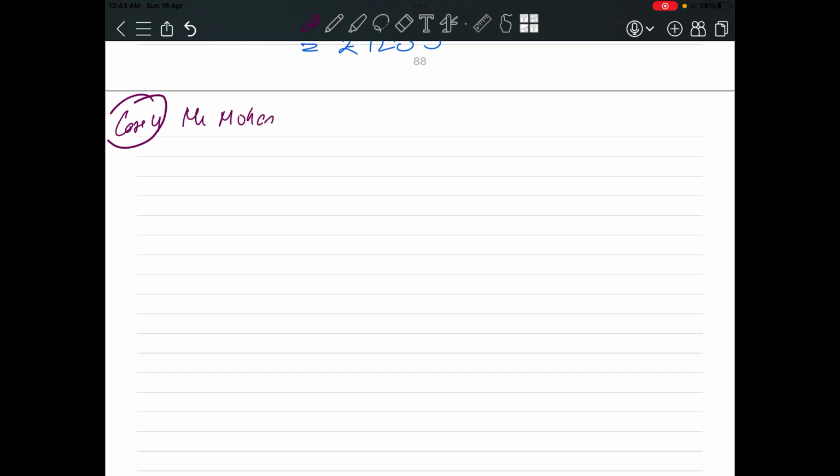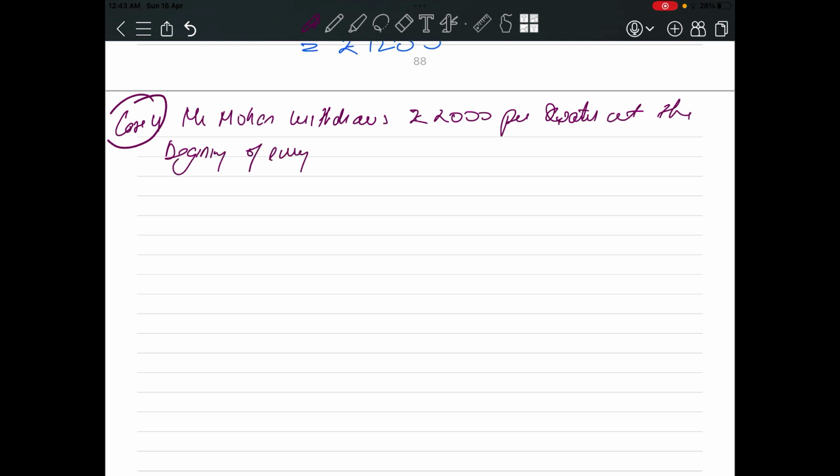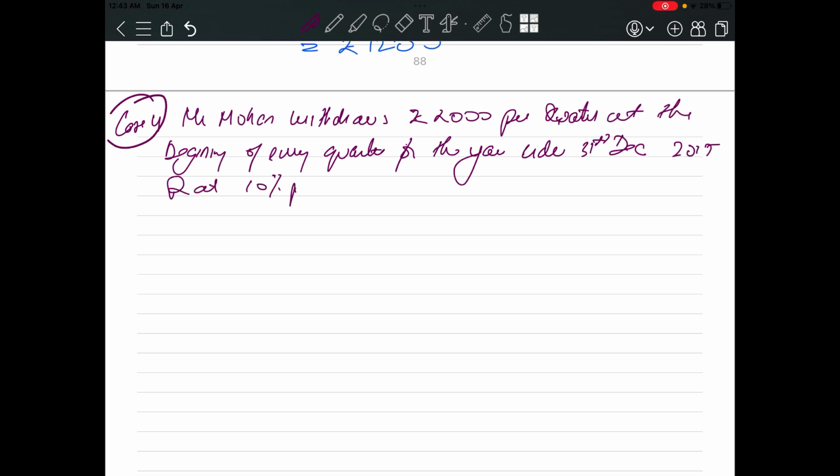Mr. Mohan withdraws rupees 2000 per quarter at the beginning of every quarter for the year ended 31st December 2015. Rate is how much? Again 10% per annum. Per annum means for 1 year, 10% for 1 year.